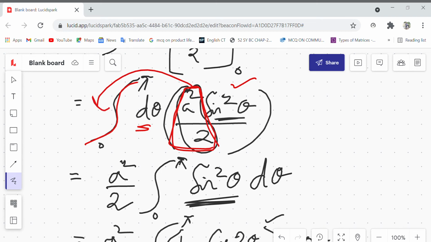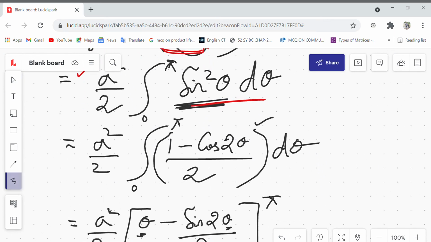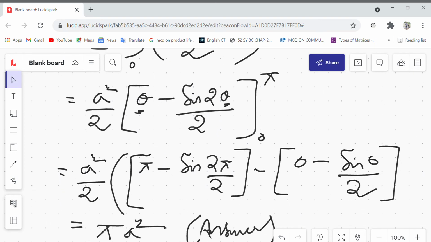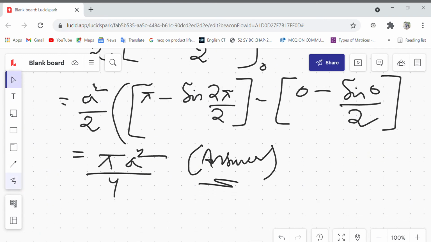In this step I took it out, and we are left with sine square theta and d theta. Then simple integration: sine square theta I wrote as 1 minus cos 2 theta divided by 2. On integrating that, we got theta minus sine 2 theta divided by 2, integration 0 to pi. Then I calculated and we got the answer as pi a square by 4.